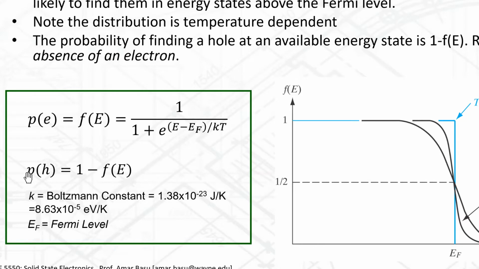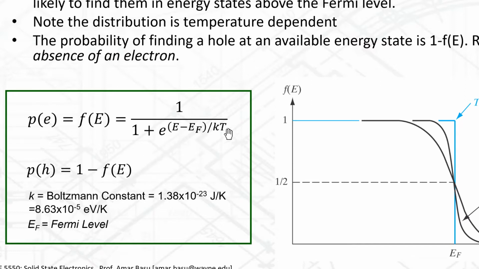Why is that? There's no car in that space, exactly. Either a state is occupied by an electron, or it's not occupied by an electron, in which case it's an empty state. So the probability of a hole is the converse of the probability of finding an electron, or 1 minus the probability of finding an electron.